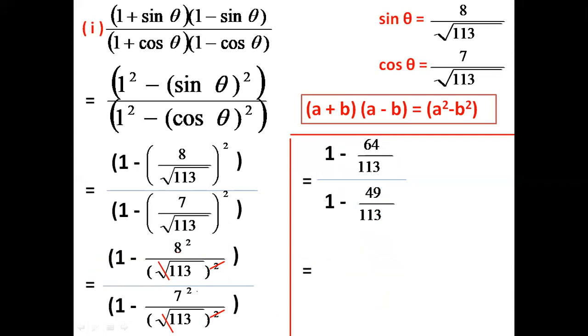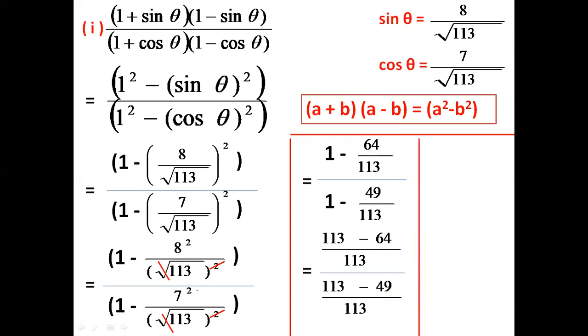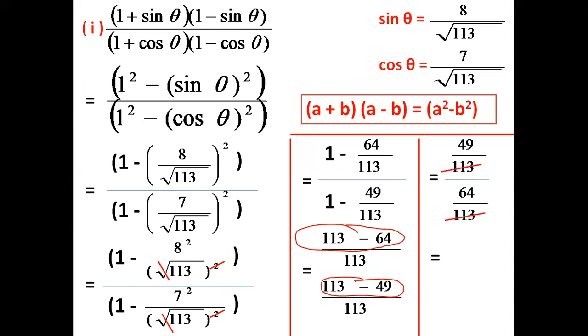So the next step is (113 minus 64) by 113 divided by (113 minus 49) by 113. Now if you subtract 64 from 113, you get 49. So 49 by 113 divided by, if you subtract 49 from 113, you get 64, 64 by 113. Here 113 and 113 get cancelled. Next step is 49 by 64. So this is the answer for the first question.